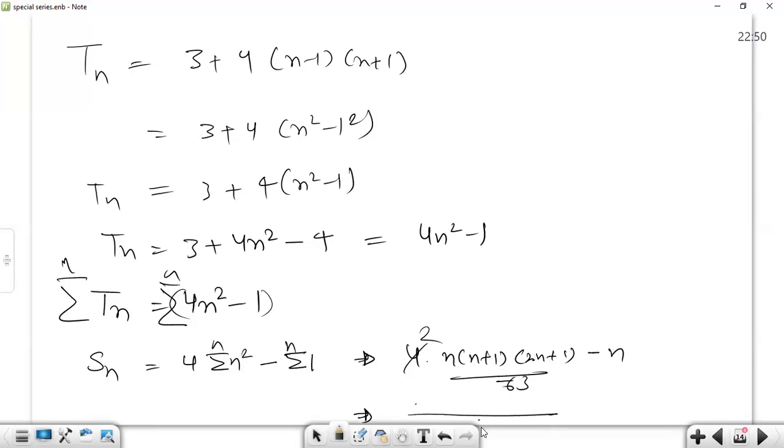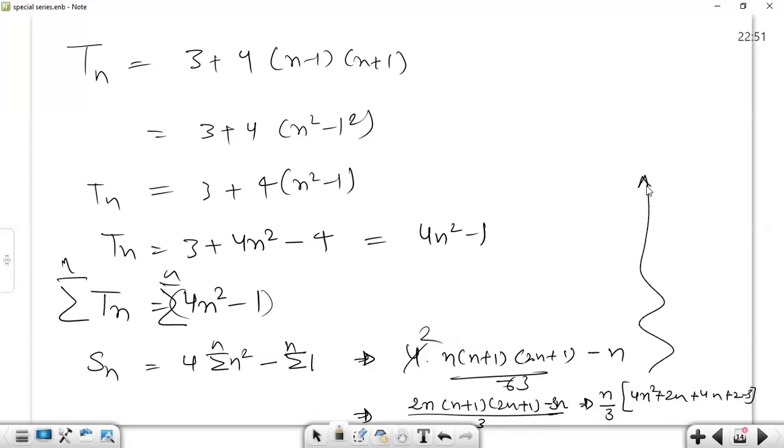Taking LCM as 3, that becomes 2 into n into n plus 1, 2n plus 1, minus 3n. Now taking n by 3 common: 2 into n into 2n plus 1, so n into 2n becomes 2n square into 2, that becomes 4n square. Now n plus n, so 2n plus 2n, plus 4n, plus 1, so plus 2, minus 3.